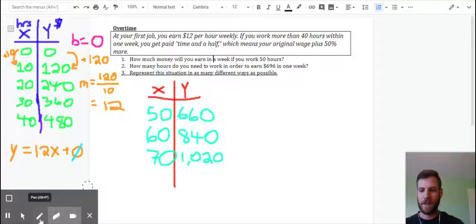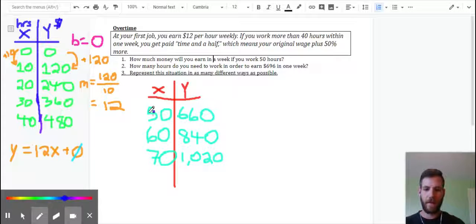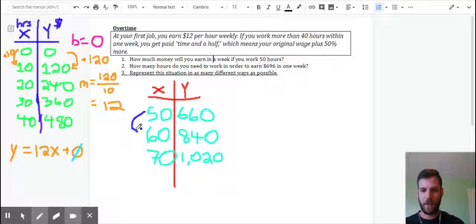Now that we have everything in a neat table, let's get the equation for this second table for the other part of this function. With this problem, we have our x is increasing by 10. So we have 10 right here. And then our y is increasing, as I stated earlier, by 180.